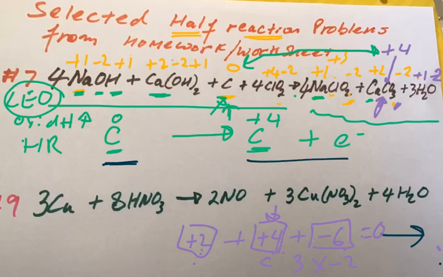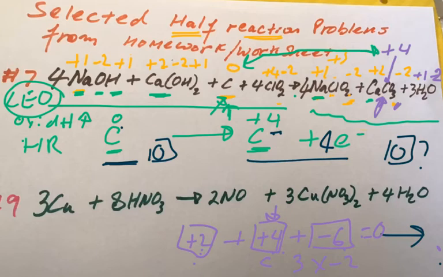If the total charge on this side is 0, what do I need to make this side 0? This is +4 right here, so +4 and 4 negatives gives me 0. So this right here, C0 arrow C+4 plus 4 electrons, that's going to be your oxidation half reaction. So that's the first guy right there.